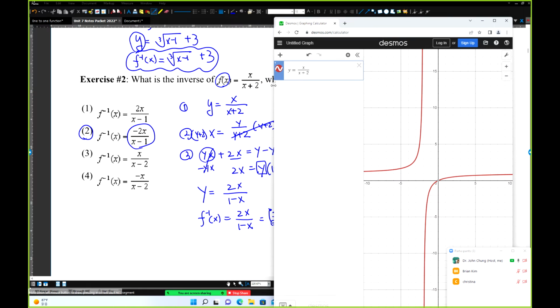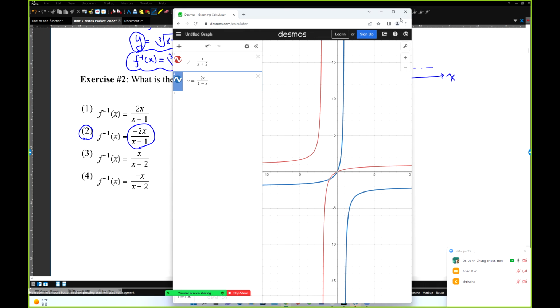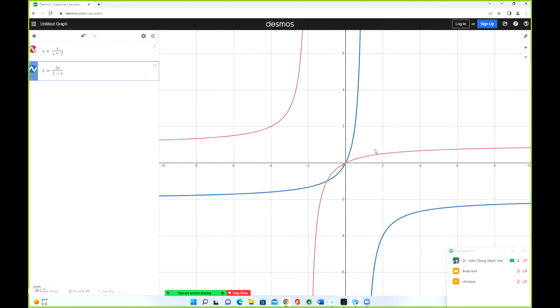Now let's add another one in a different color. y equals 2x over 1 minus x. Can you see that? That is exactly symmetry about the line y equals x.